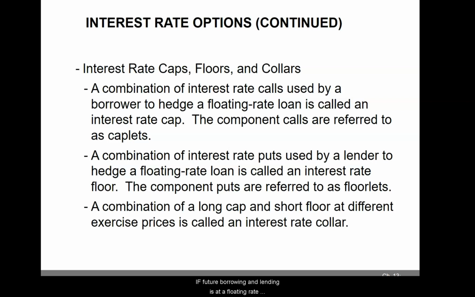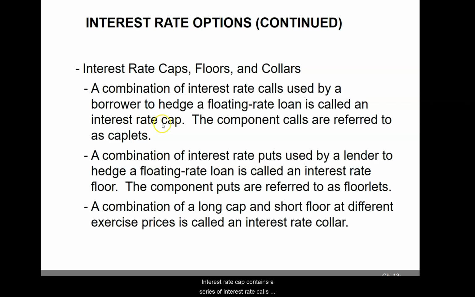However, if future borrowing and lending is at a floating rate with more than one period of payment or receipt of interest, we will need a combination of interest rate calls or interest rate puts to hedge the risk in borrowing or lending. The combination of interest rate calls used to protect a borrower from the risk of rising interest rates on a multi-period floating rate loan is called interest rate cap.